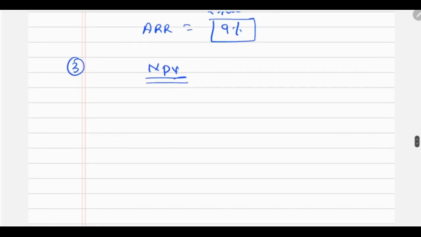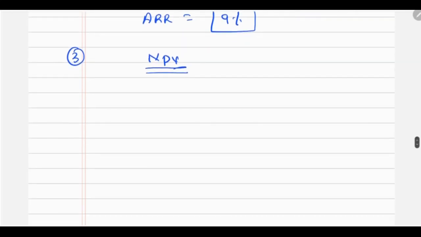Now in a similar way, I'll be deriving the table over here. We have to just form a table. First I write year in the first column. Then I write CFAT, that is cash flow after tax. Then we have to write the discount factor, which is at 10%. Then we have to derive the total discounted cash flow. Right.